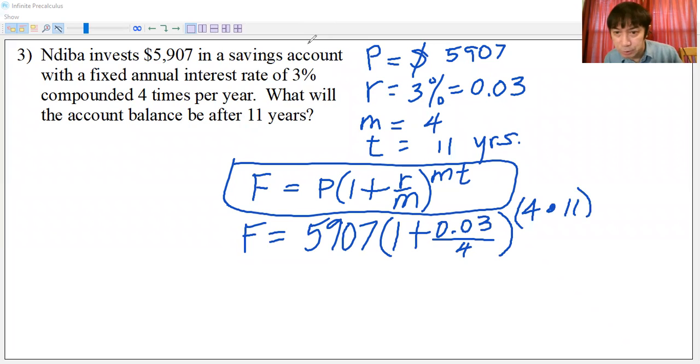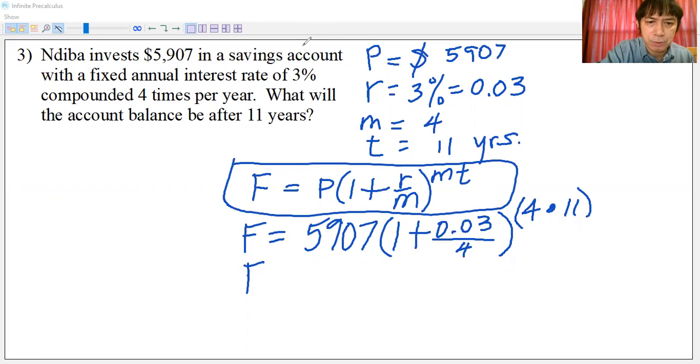So we shall just calculate this. So 0.03 divided by 4. 0.03 over 4 is 3 over 400. So that's 7.5 times 10 to the negative 3. Let's just write it.